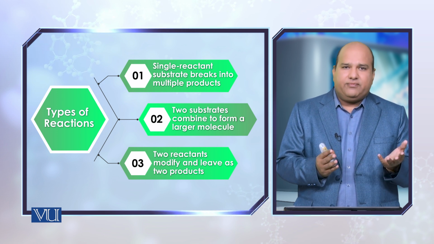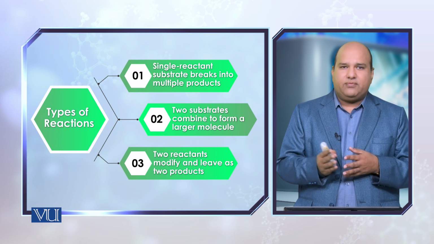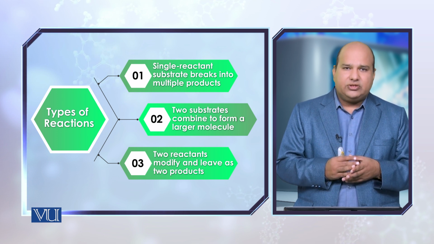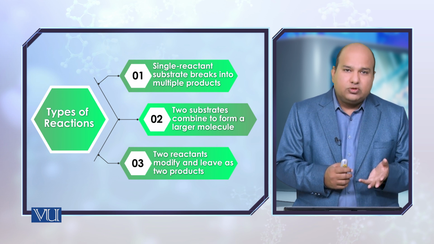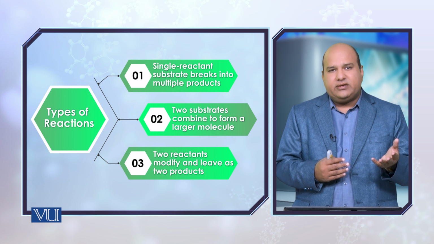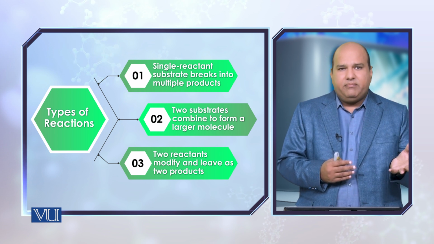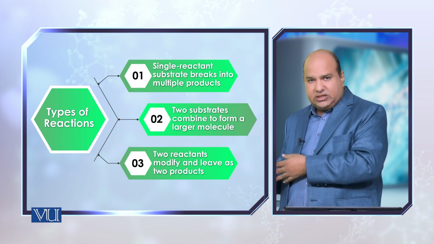For example, if we are talking about the hydrolysis of hydrogen peroxide, which gives rise to the formation of H2O and oxygen, then it can be a two substrate reaction, and these two substrates can in turn be combining with each other, giving rise to a single product.